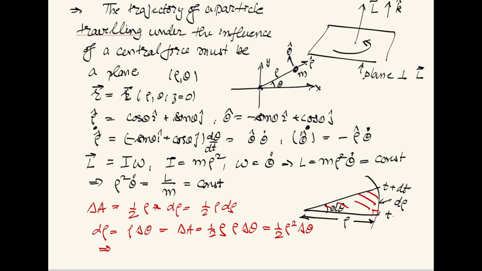So delta A divided by delta t is equal to 1/2 rho squared delta theta by delta t, and that is 1/2 rho squared theta dot. Now delta A by delta t is called the aerial velocity.